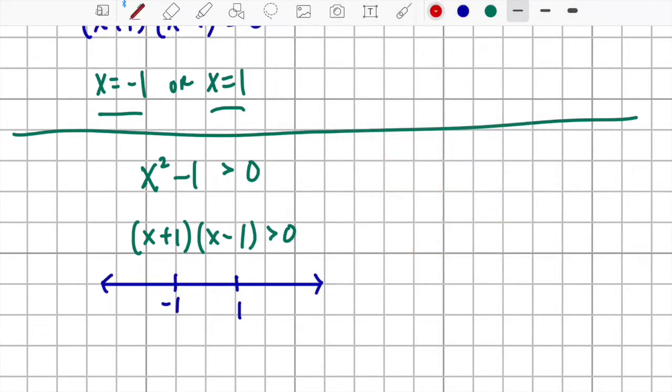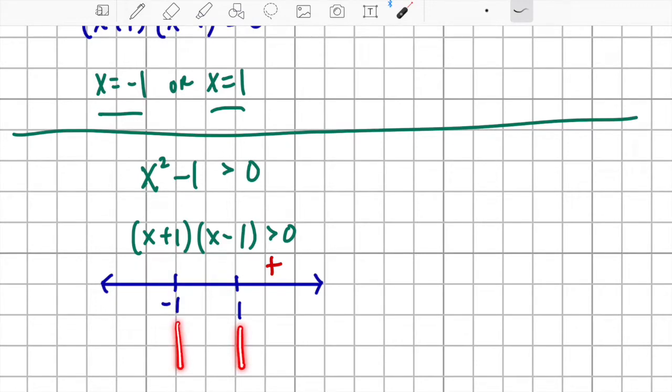And if you remember correctly from when we were in class, you pick any point that is greater than 1, and then you plug it in here and see what you get when you multiply those two numbers. So if I pick something greater than 1, let's say a 2, if I plug it in here, we get a +3. If I plug it in here, we get a +1, and 3 times 1 is positive. So positive times positive is positive.